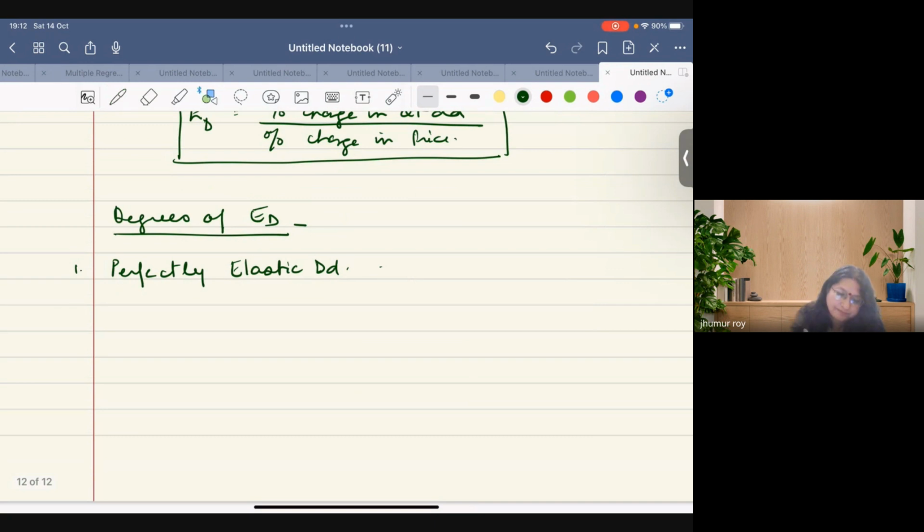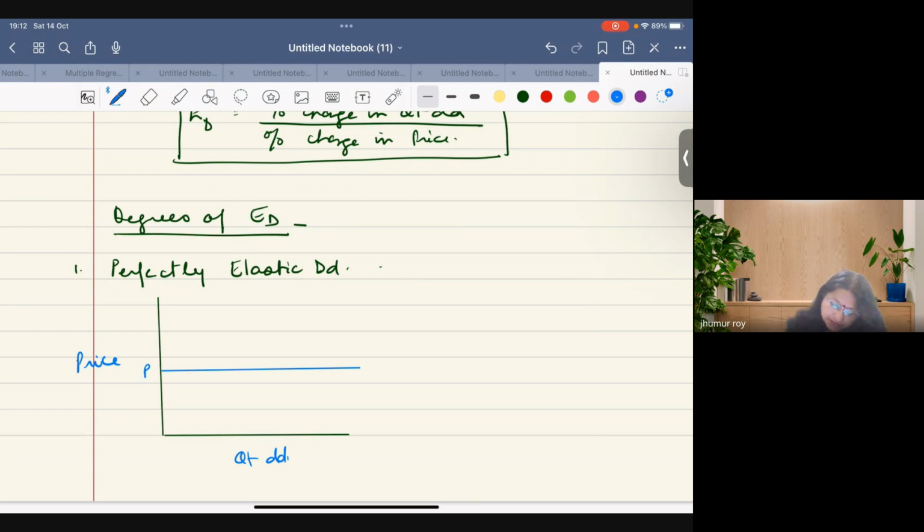Suppose I'll draw the curve first and then I'll explain it. Here, this is your price and this is your quantity demanded. So P is the price over here.